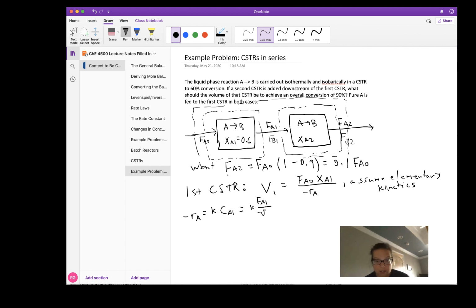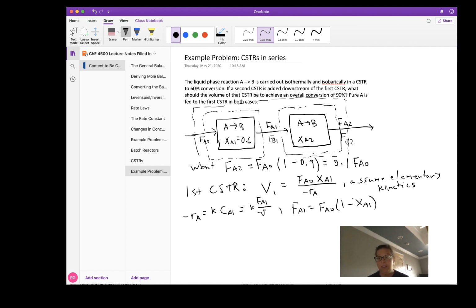So I can insert this back into my mole balance. Before I do that, though, I'm going to convert this flow rate term into a function of conversion. That's because I've written my mole balance in terms of conversion, so I want to write my rate in terms of conversion for consistency. So I'm going to say FA1 is equal to FA0 times 1 minus XA1.